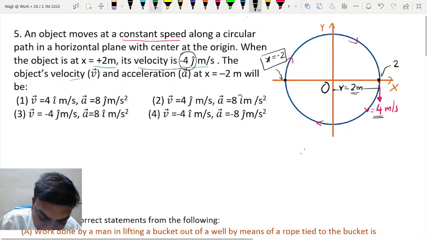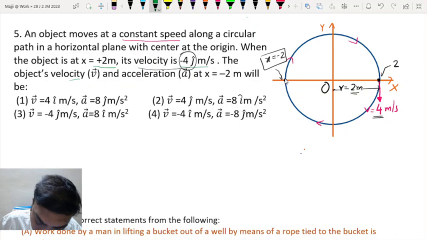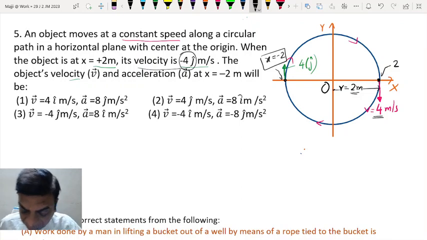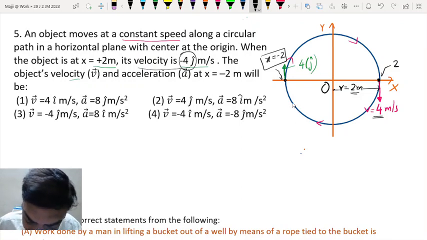When the object comes here, its velocity will be along the positive y axis. So vectorially, you have to multiply with the unit vector along the positive y direction, that is 4 j cap. Its acceleration is centripetal acceleration directed towards the center.